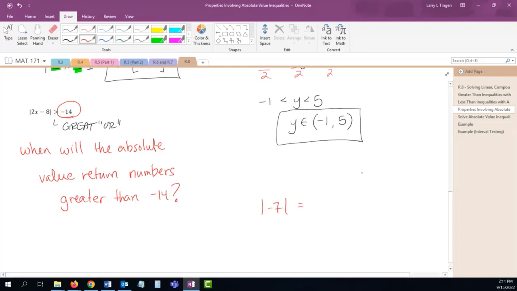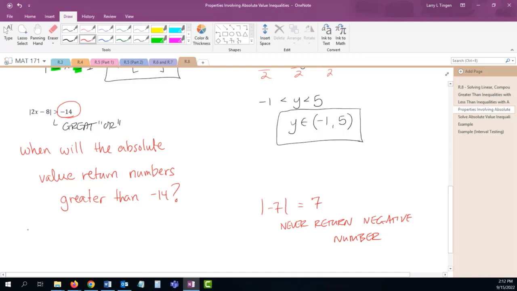No? All right. This will never return a negative number. What does that mean for us? That means that no matter what you plug in for x, when you take the absolute value of whatever you plug in for x, multiply by 2 and subtract 8, it's always going to kick something back greater than -14, because it's always going to be 0 or positive.